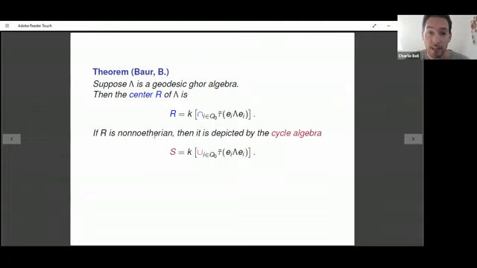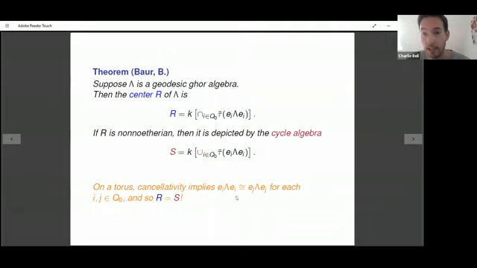If R is non-Noetherian, and we'll see that this is often the case, then it is described by the cycle algebra S. And by this we mean the K algebra generated, now instead of by the intersection, by the union over the vertices of the tau bar images of these vertex corner rings. So on a torus, transitivity implies that e_i lambda e_i is isomorphic to e_j lambda e_j for each pair of vertices i and j.